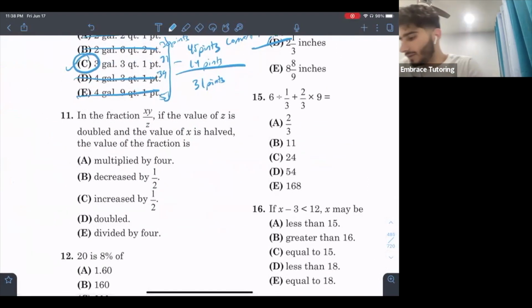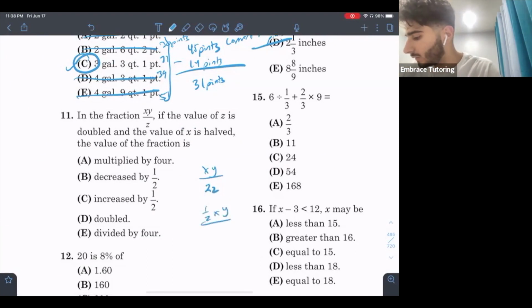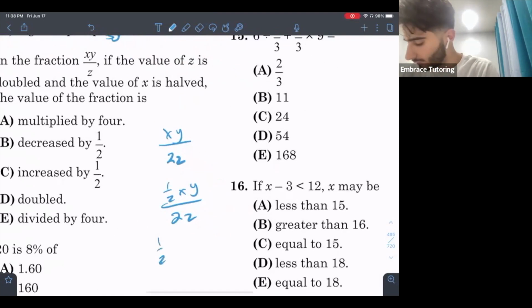Let's say you do 11. In the fraction xy over z, if the value of z is doubled, so xy over 2z, and the value of x is halved, so 1/2 xy over 2z, what is the value of the fraction? 1/2 times 1/2, which is 1/4.